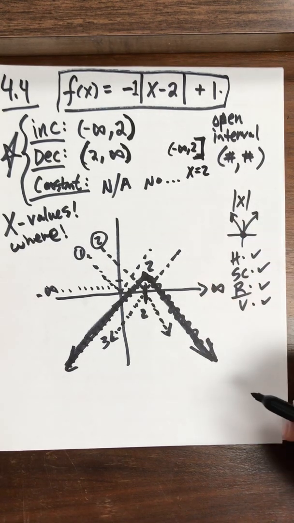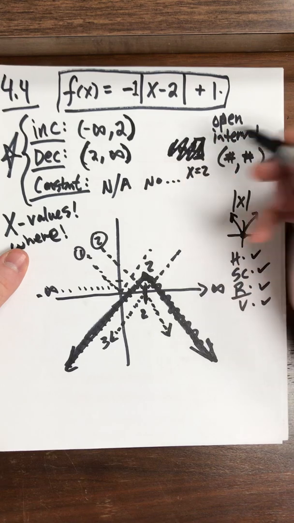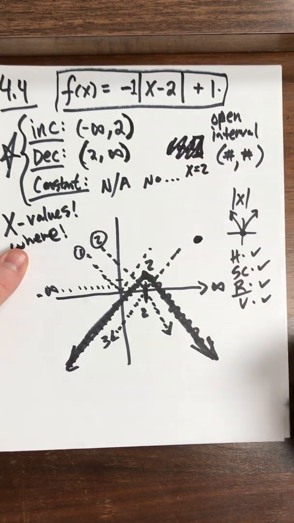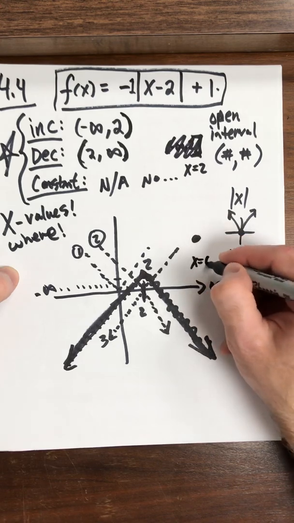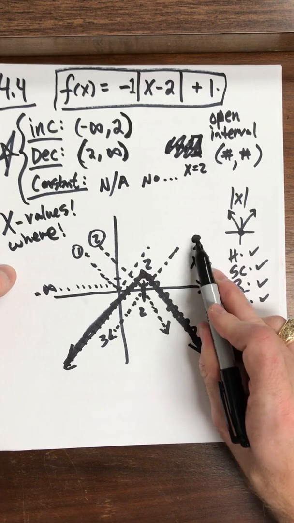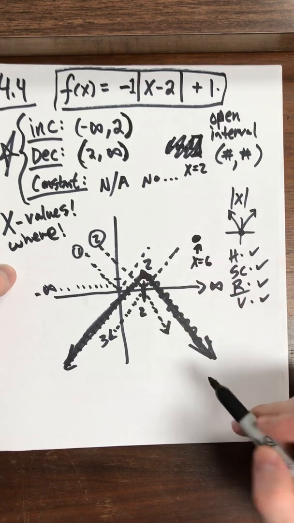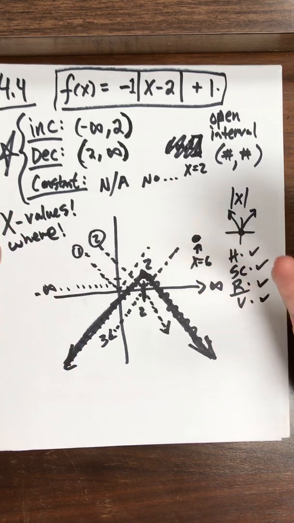Now let me explain to you in a picture why you can't add in a single point and say it's increasing there. If I just gave you a point right over here and I said, okay, at x equals 6 or something like that, how can I tell if I'm increasing at a single point? The only way to tell if you're increasing is if I'm comparing it to something else.